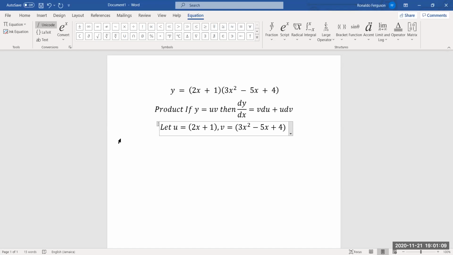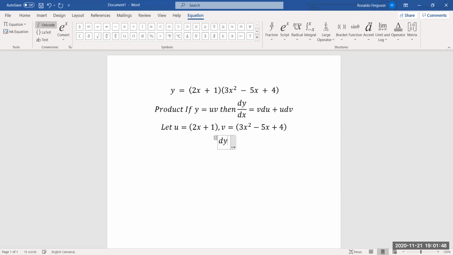All right. So we were just writing down the product rule that tells us if y is equal to u times v, then dy by dx is v du plus u dv. That's dy by dx. All right? Now, after we write down dy by dx is v du plus u dv, what we can do now is use the product rule to find dy by dx.